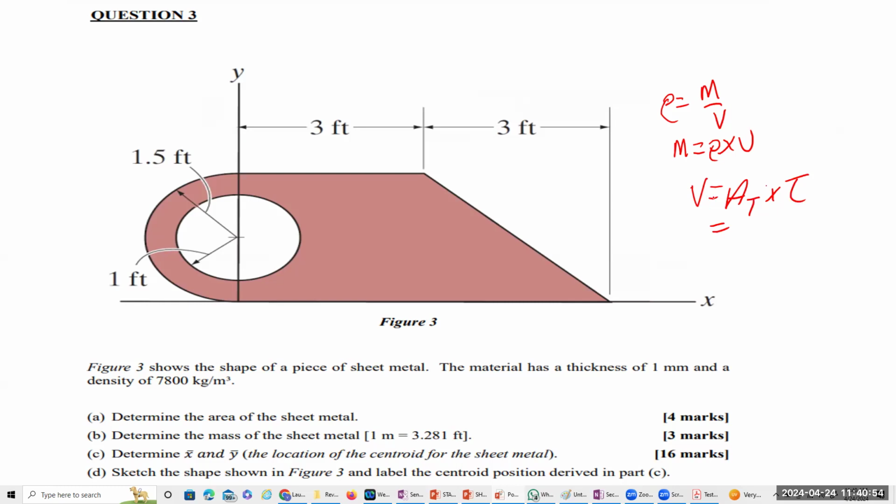You would have converted your thickness to meters from feet, because you have the conversion factor there. It means you're going to convert your area to meters squared also, to get meters cubed in the end. Then the meters cubed cancel, leaving you with kilograms. So you have got the mass in kilograms.